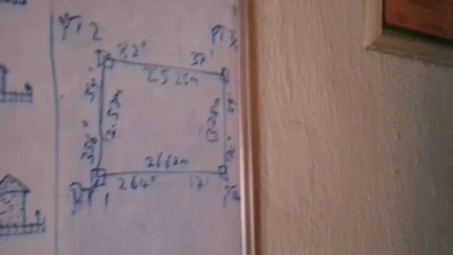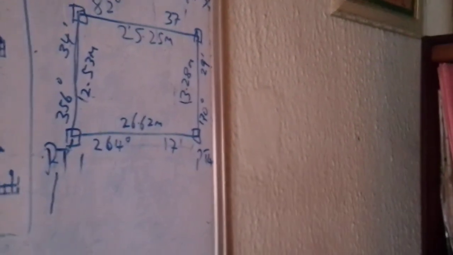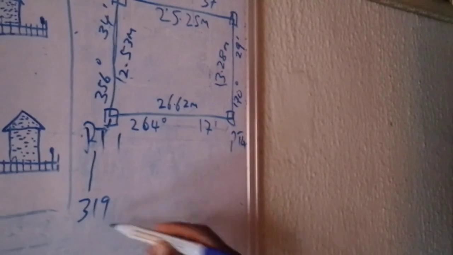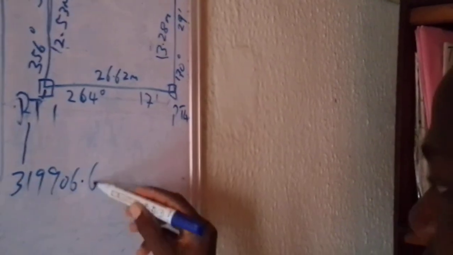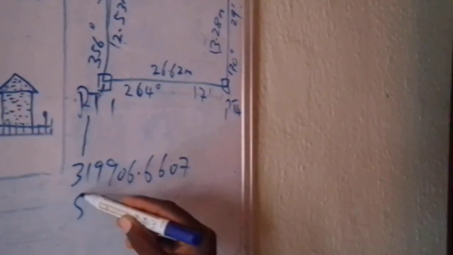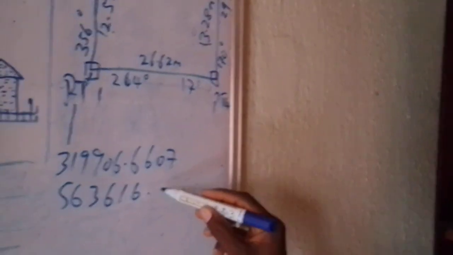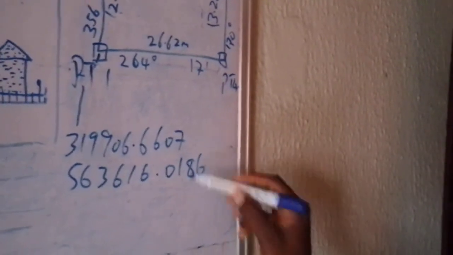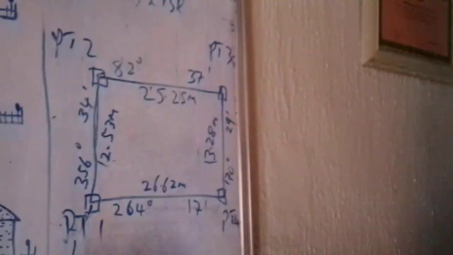So if the coordinate of PT1 are given, let's say the easting is given as 319,906.6607, and the northing is given as 563,616.0186, right?